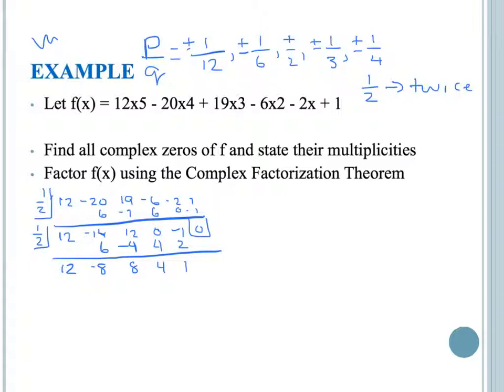And as I look back at my work, I can see right here that I should have had a -2, and then I would get a remainder of 0 the way I was anticipating. So it helps if you carry correctly. And then in fact I do have a remainder of 0, which tells me that 1/2 does in fact go into the polynomial twice.